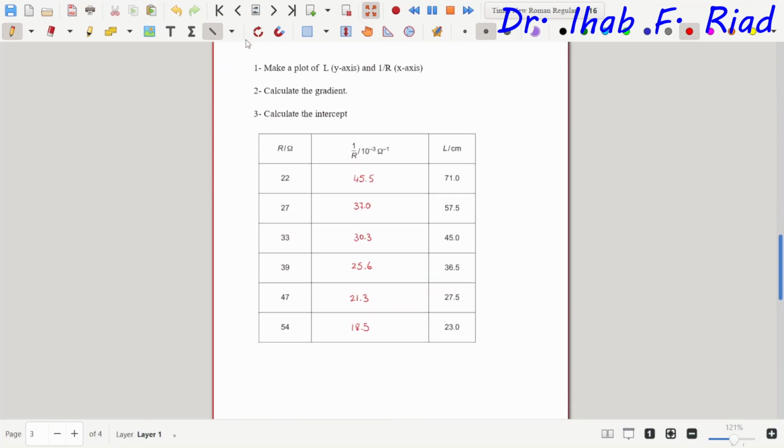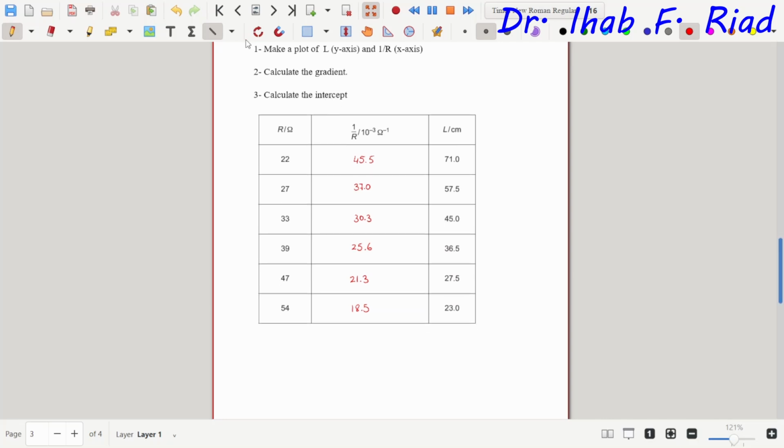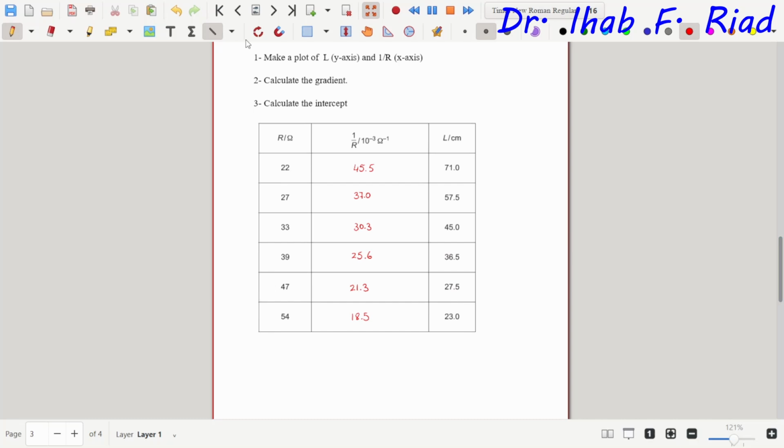I just recommend to you try to make as many graph plots as possible. Okay, now we have this graph plot.